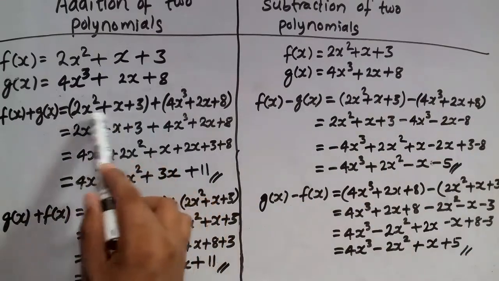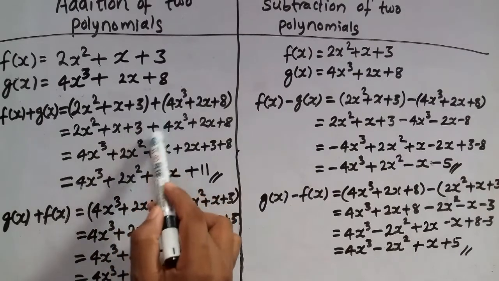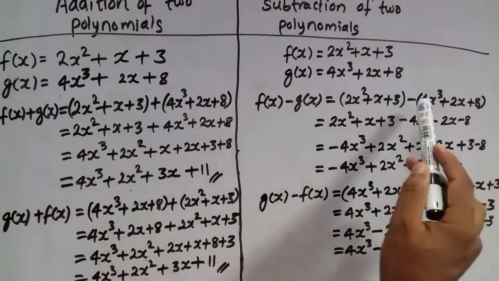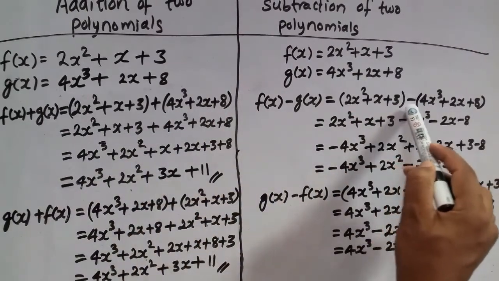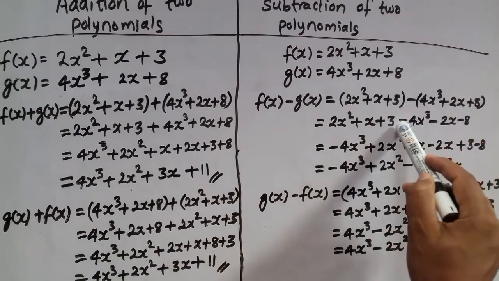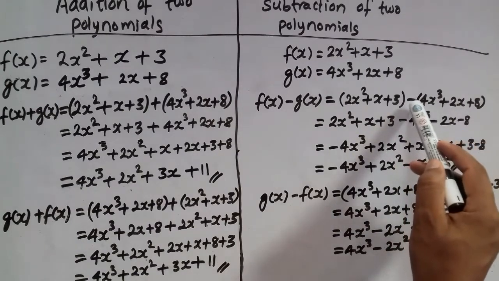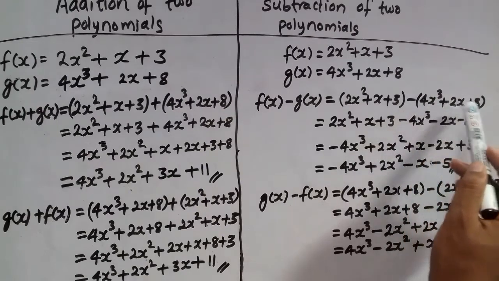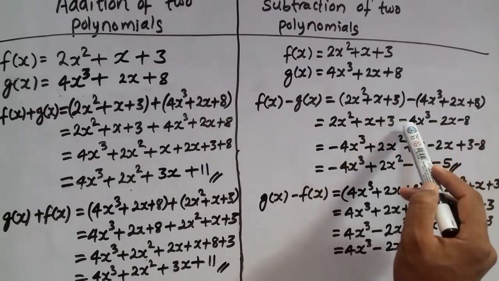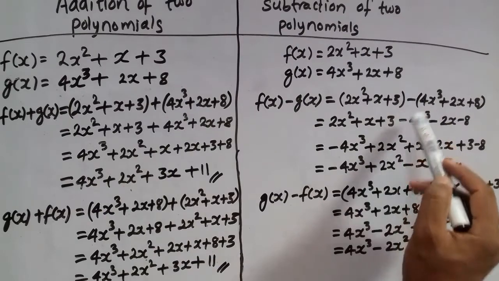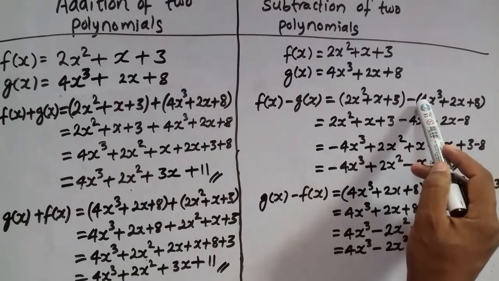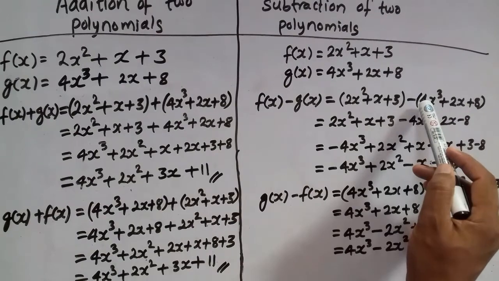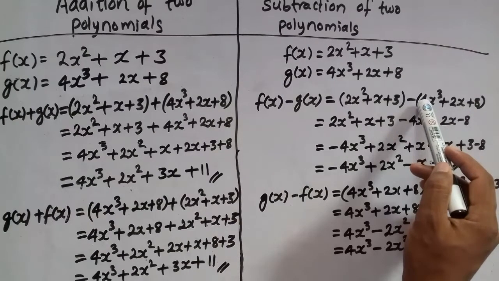Then we have to open the bracket. In addition we open it as it is, but in subtraction we have to be careful, because we have to multiply by the minus sign, and the minus sign changes the remaining signs. Here minus into plus becomes minus, because there is no sign in front of 4, and if there is no sign, we have to assume a plus sign.